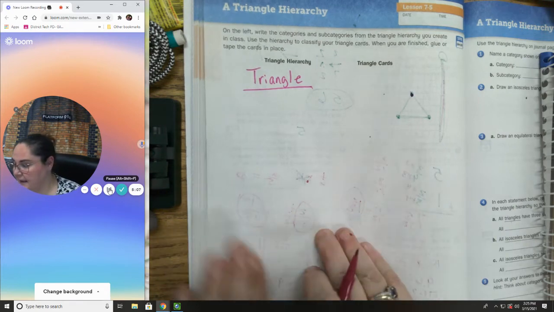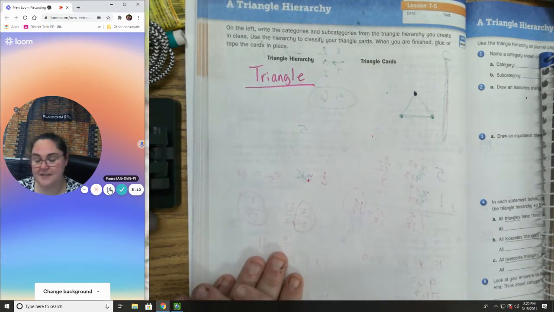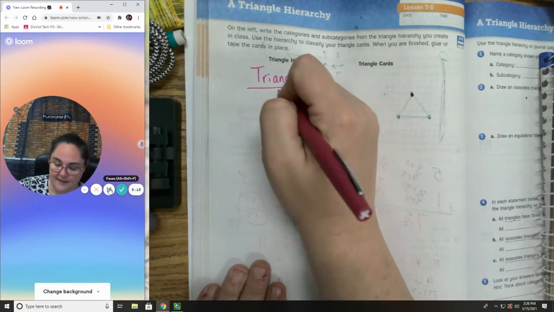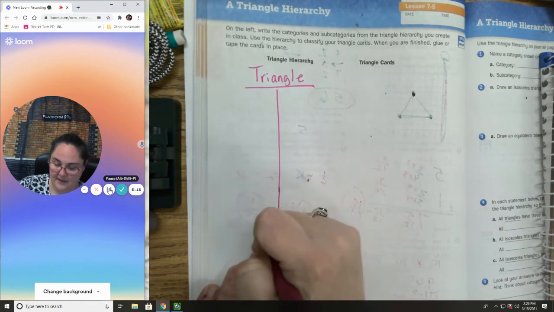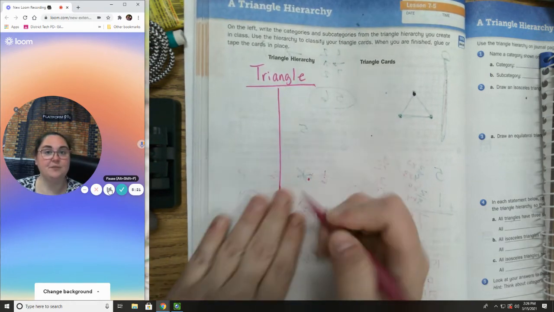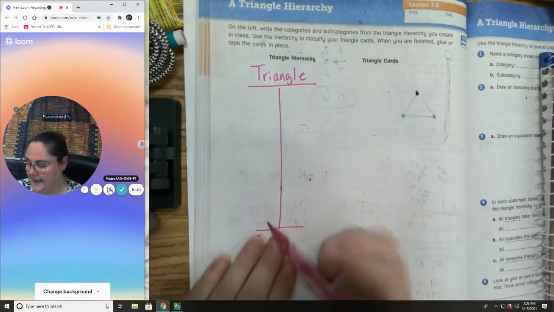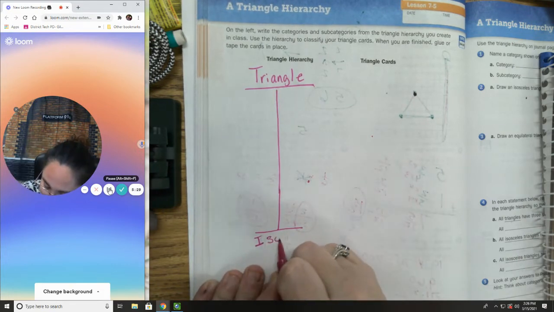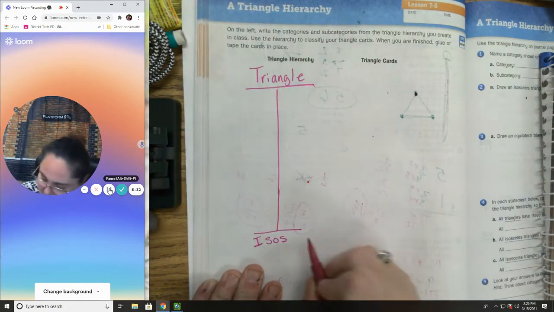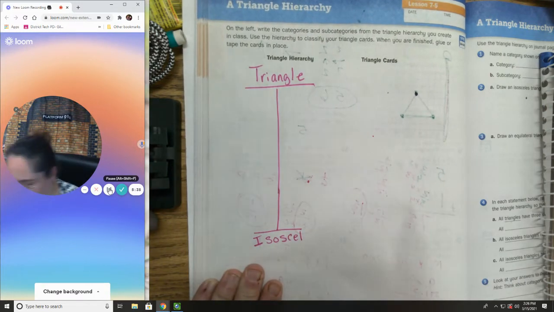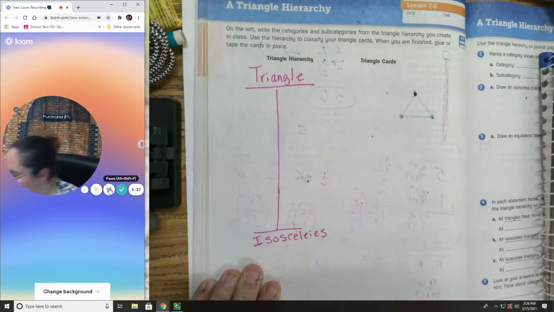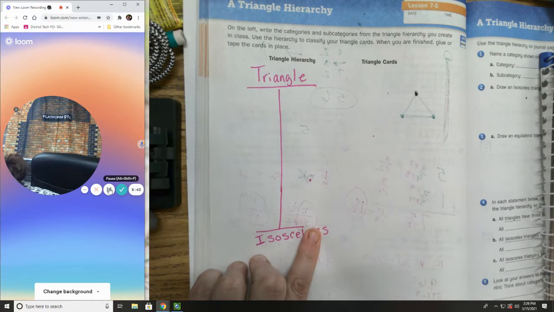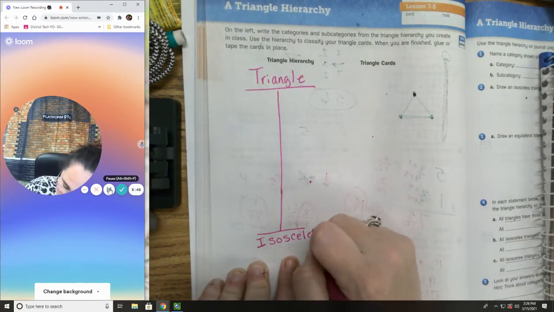Now, we did see some of those triangles that have two sides that are alike. If a triangle has two sides that are alike, it is called an isosceles. I'm going to look at my spelling because I always spell this wrong. Isosceles.